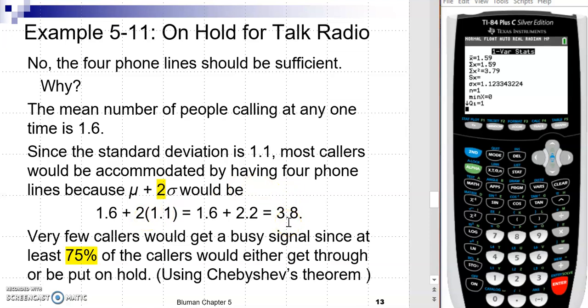So we know that at least 75% of all the callers would be able to get through. So the station manager makes this decision: no, the 4 phone lines are going to be sufficient. And this is his rationale for that decision, because at least 75% of the data occurs within 2 standard deviations of the mean.